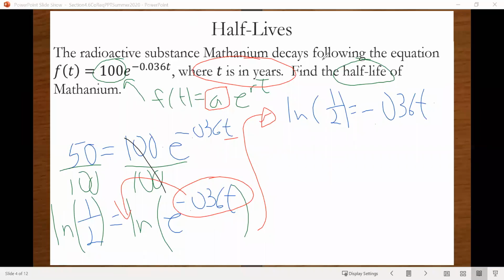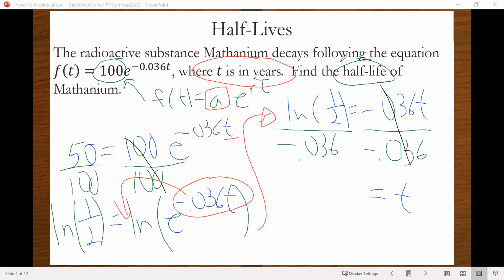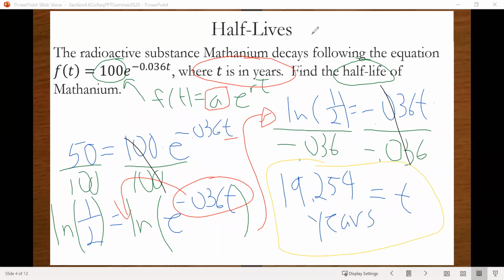Then we can solve by dividing by negative 0.036 on both sides. When we do that, we end up with t equals, again plugging this into our calculators, 19.254, and in this case, the units, as we saw above, are years. So it looks like the half-life of methanium is 19.254 years.